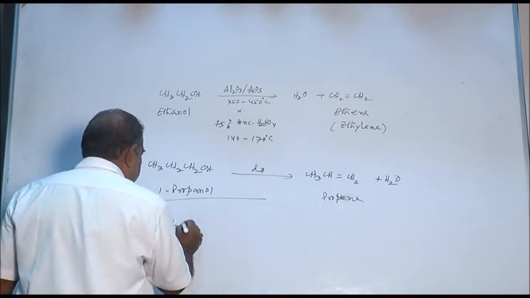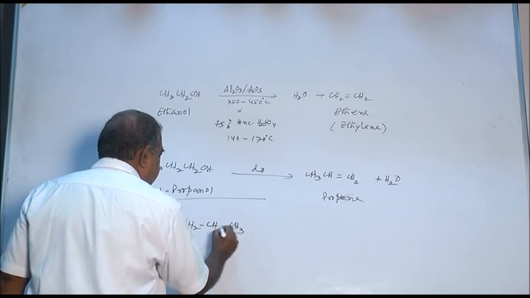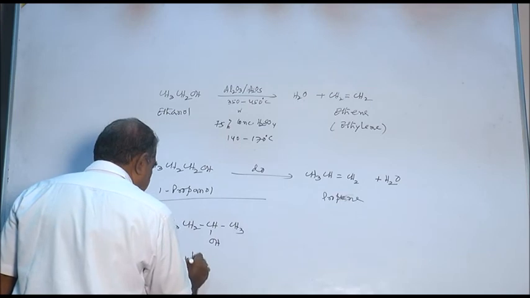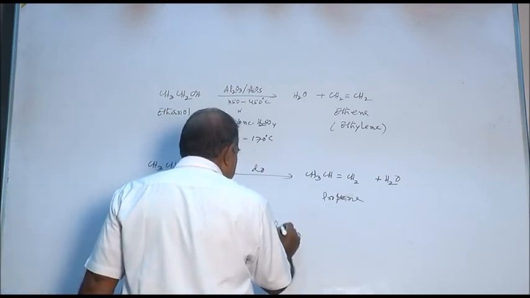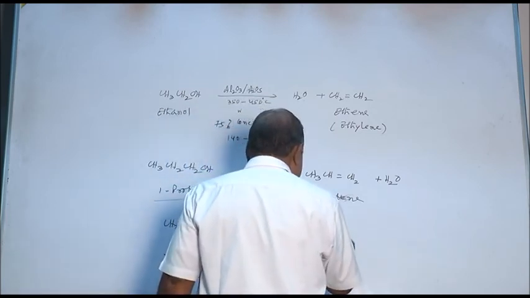But if you are taking a secondary alcohol, or even a tertiary alcohol, I have taken 2-butanol. When it is subjected to the above condition, there can be formation of two products.